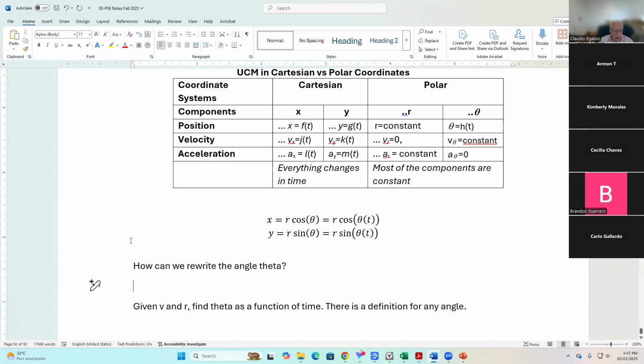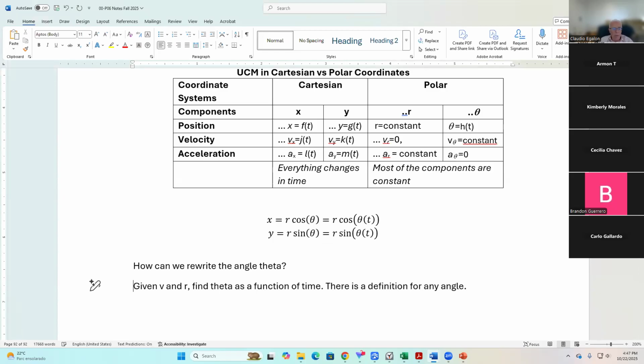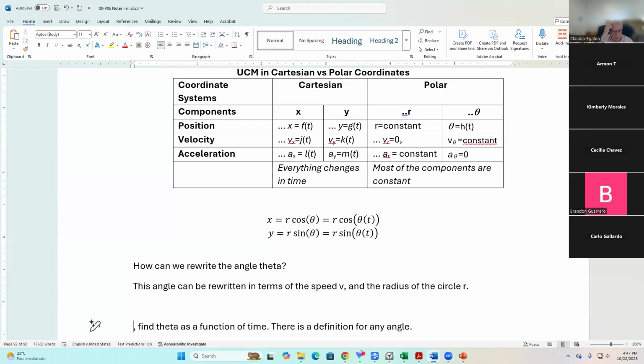The angle theta can be written in terms of the speed v and the radius of the circle r. How do we do that? It's a rather straightforward mathematical manipulation.